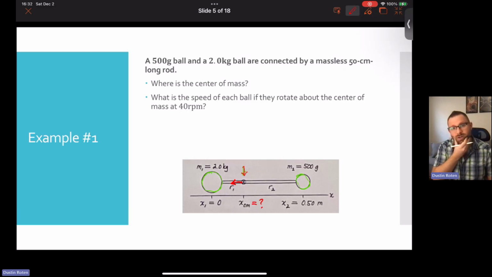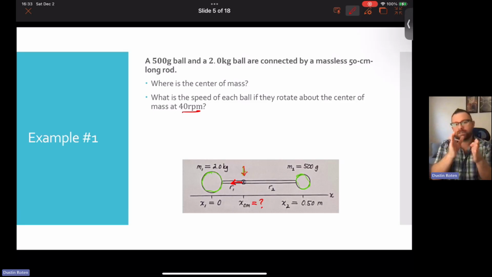We want to figure out where the center of mass is, and we want to know the speed of each ball. If this thing is rotating about the center of mass at 40 RPMs, I want to know the tangential velocity of each ball.